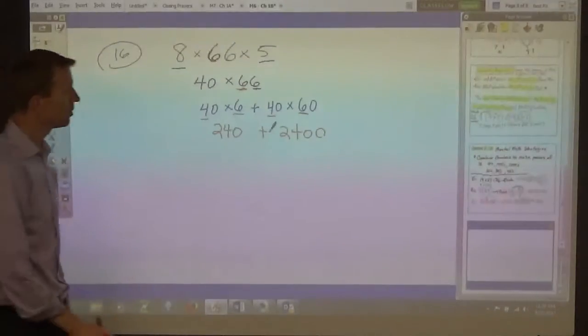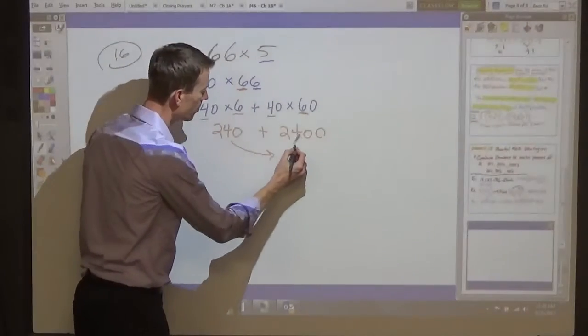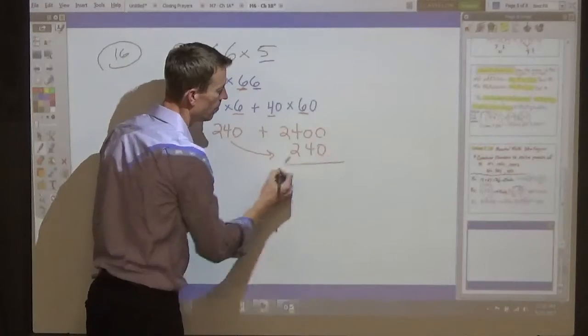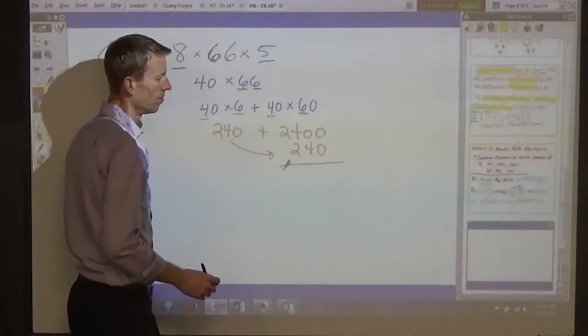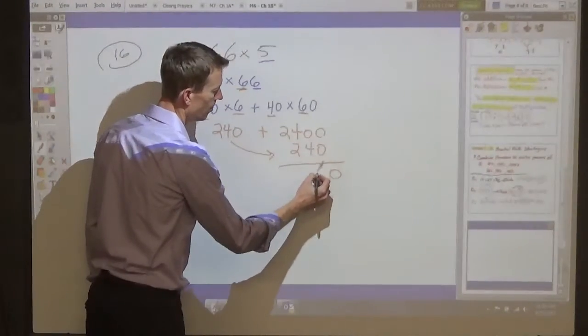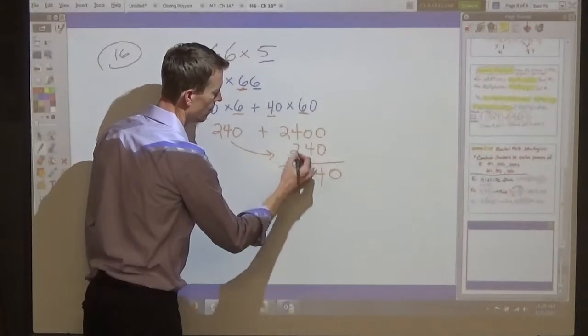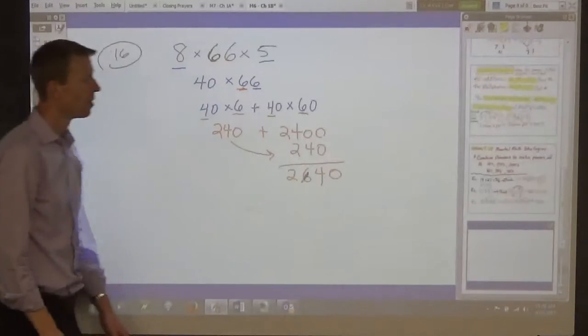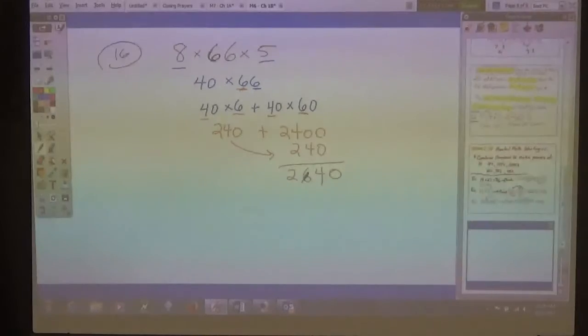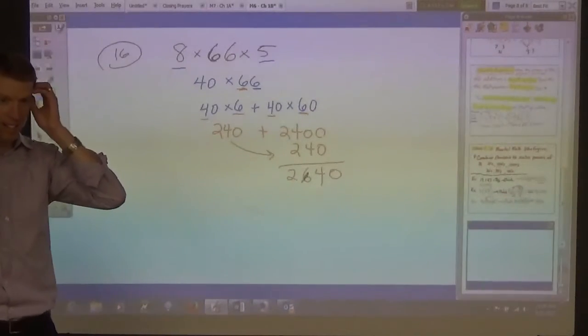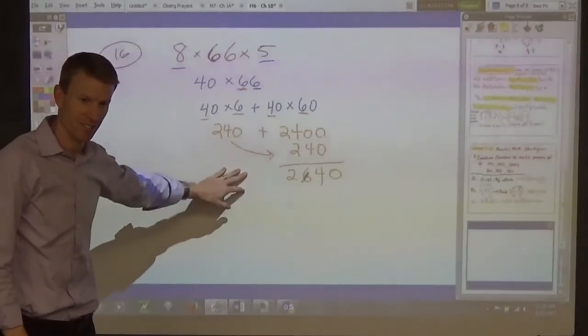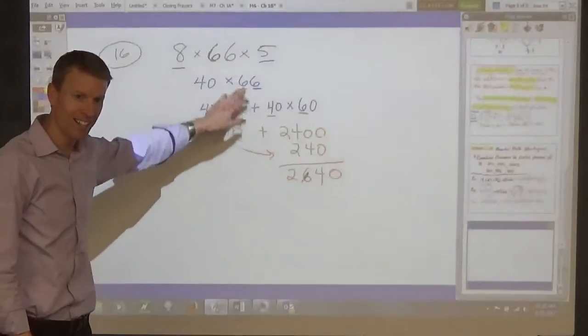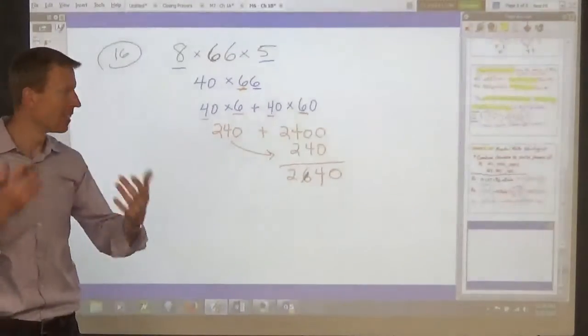And if you add those two, you get 2,640. I thought you had to do it mentally. Well, you can do that mentally, but if I did it mentally, then you wouldn't be able to see what I was doing, right? So I'm writing it down so that you can see the thought process.